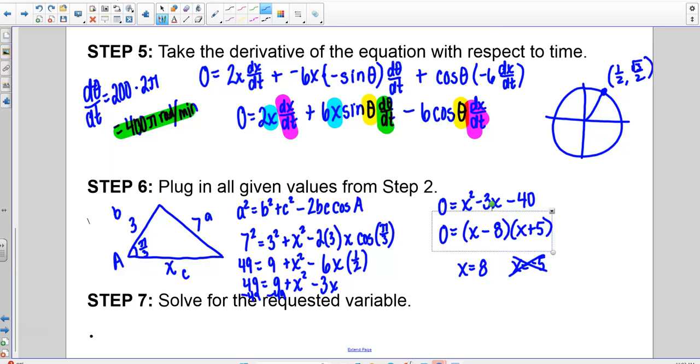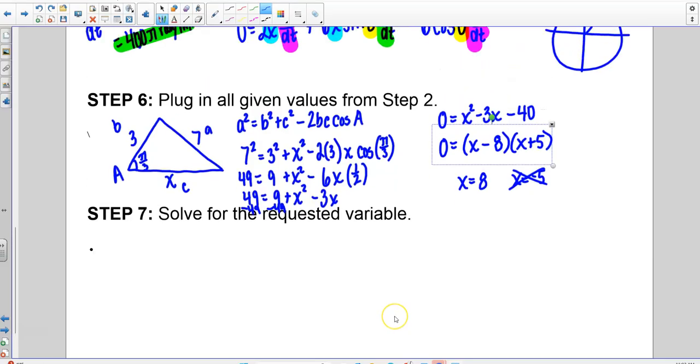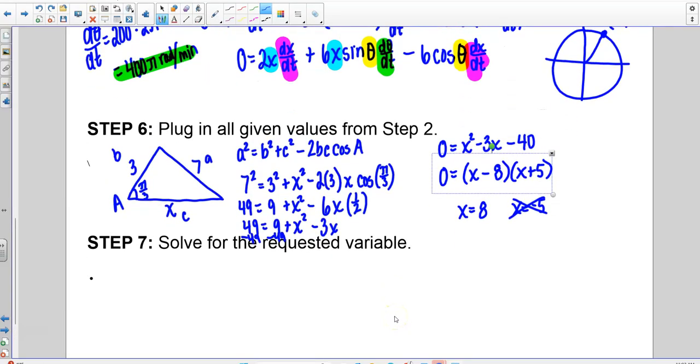So we've got x, finally. Whew. We're still not done. Y'all have to go show your parents this problem. Tell them you're ready to design some NASCAR engines right now. 0 equals 2 times 8, dx dt is what we're trying to find, so we're not replacing that.